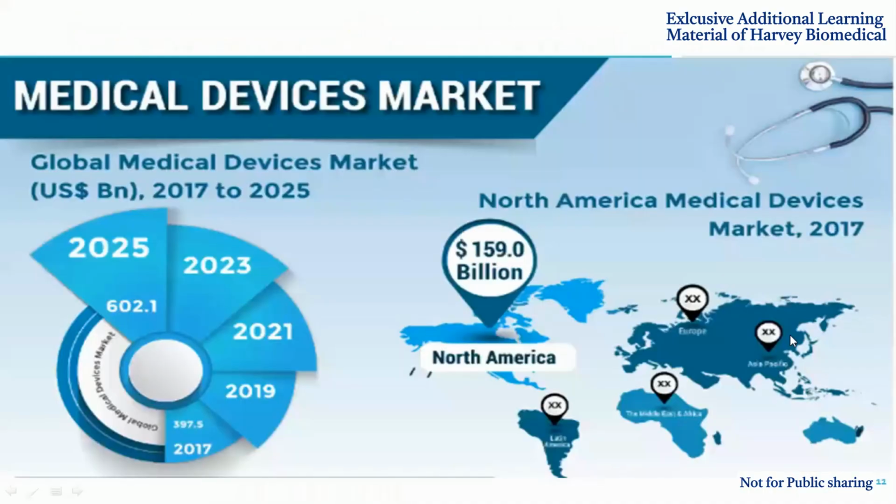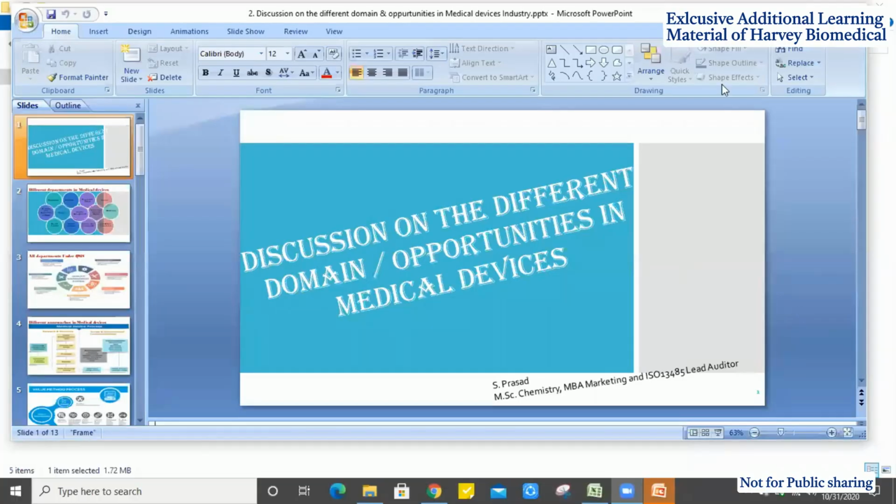I hope everyone has understood the basic differences and classification as per the MDR, how the medical devices and AIMD, active implantable medical devices, are classified. If you have any doubt, you can post or unmute your mics and ask.